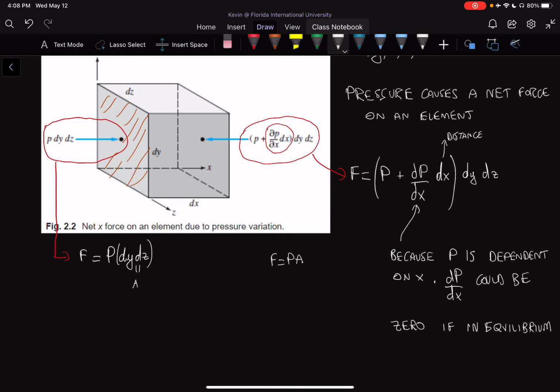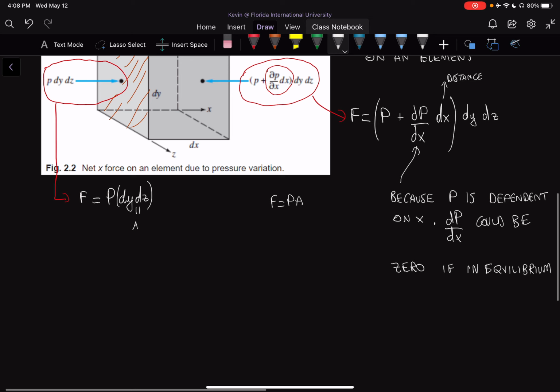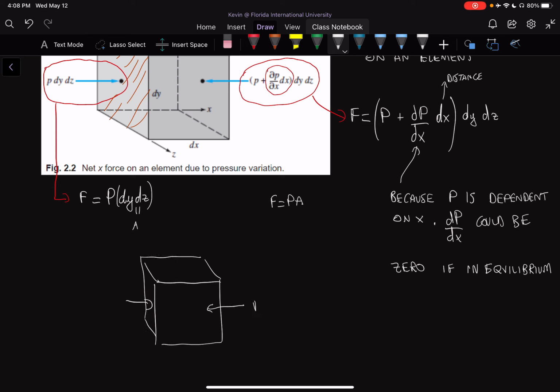Then it would be perfectly in equilibrium. Let me draw it in the same way. We would have our element with our pressure coming in and our pressure on the other side, and the pressures would both just be pressure. And then our forces would be pressure times dy dz.